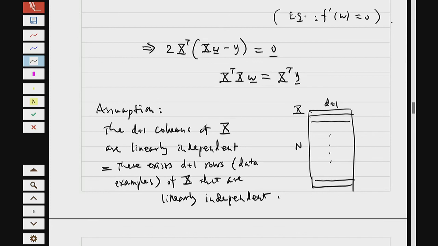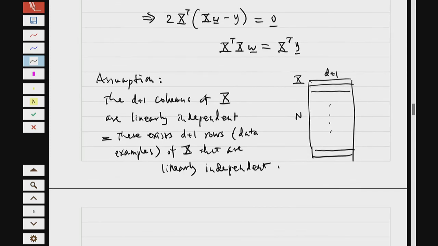In general, this condition is actually quite easy to satisfy. If you have many example points, then usually it's easy to find d plus 1 of them that are linearly independent. Therefore, in general, this matrix will be of rank d plus 1. Is it convincing?